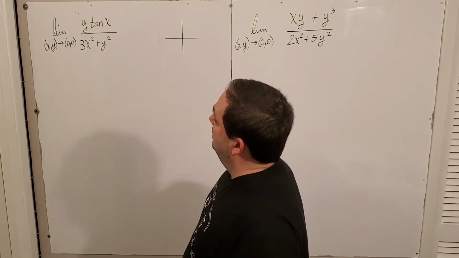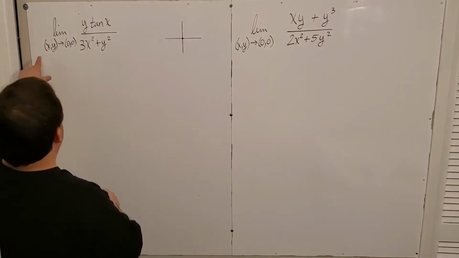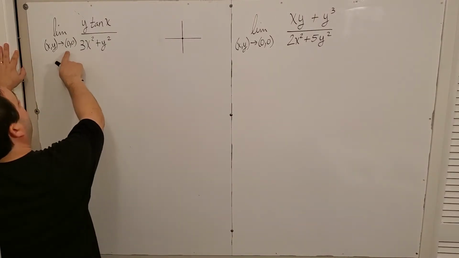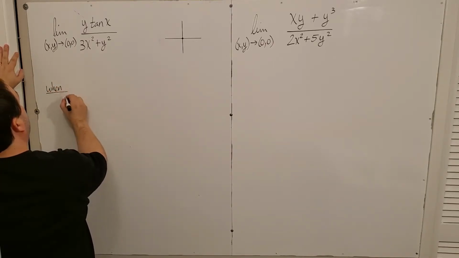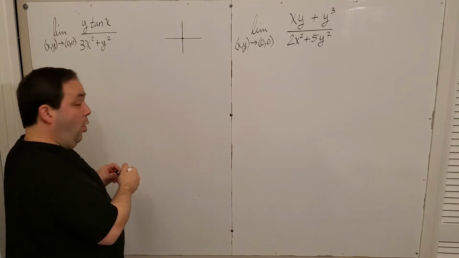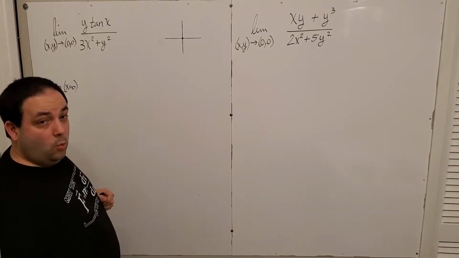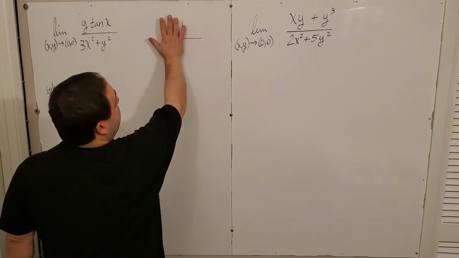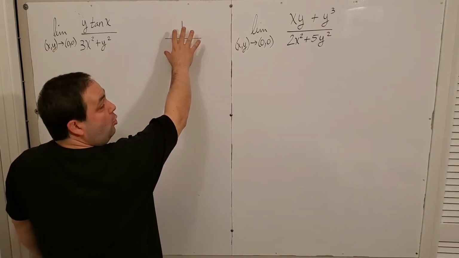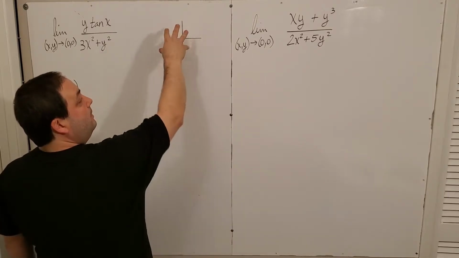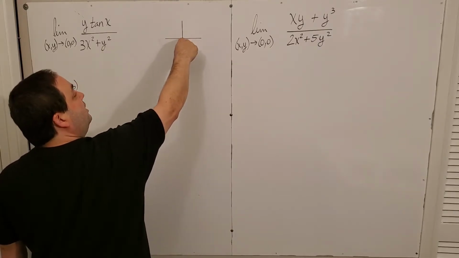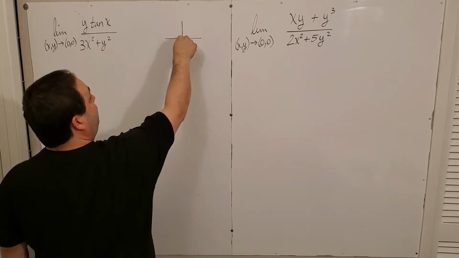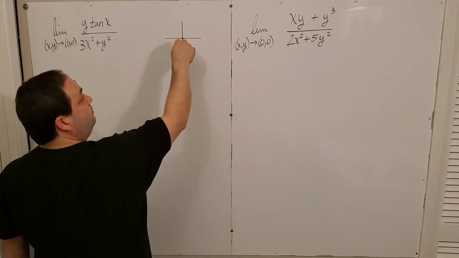On this one, let's start by doing the limit as (x, y) approaches (0, 0) along the path when x equals 0, right? Now remember, the domain is a set of points x and y, okay? So here it's like I'm looking at a picture of just the domain. Imagine the surface is coming out at you, and the point that we're interested in is hovering right over the point (0, 0) here, okay?